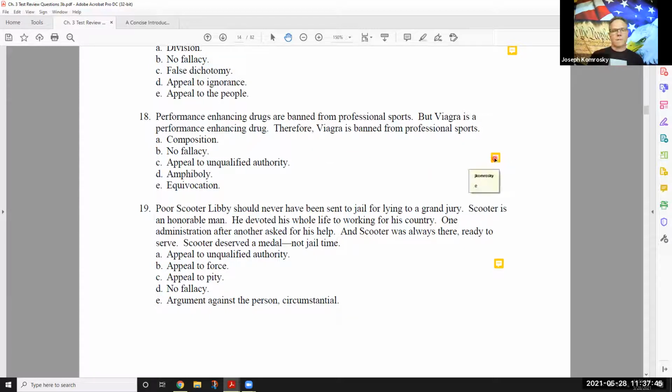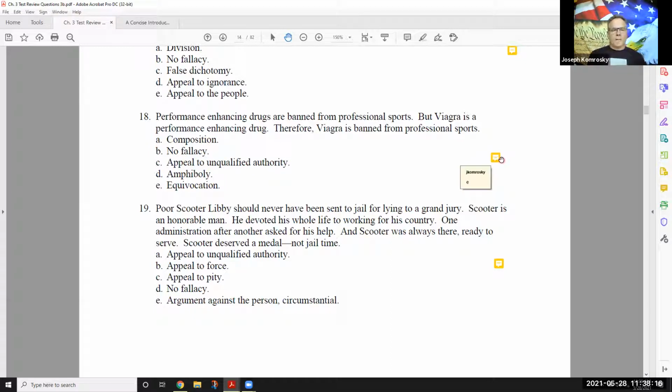This is equivocation. They're misapplying this. We're not talking about sex here. Sex is not considered a sport. Another good way to think of equivocation, let me give you an example.